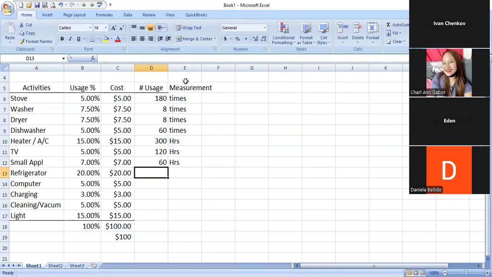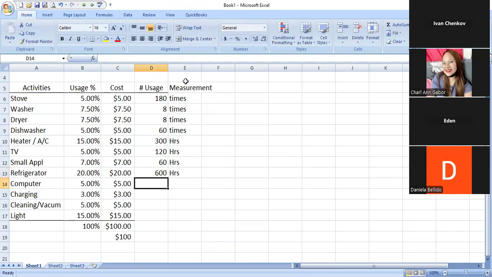So out of 24 hours, how many hours is the refrigerator running? It's not 24, because it stops, right? It should be something smaller. Like 8 maybe? Let's put it at 10 hours, so it's easy for our calculation. 10 hours per day over 60 days will be 600 hours.